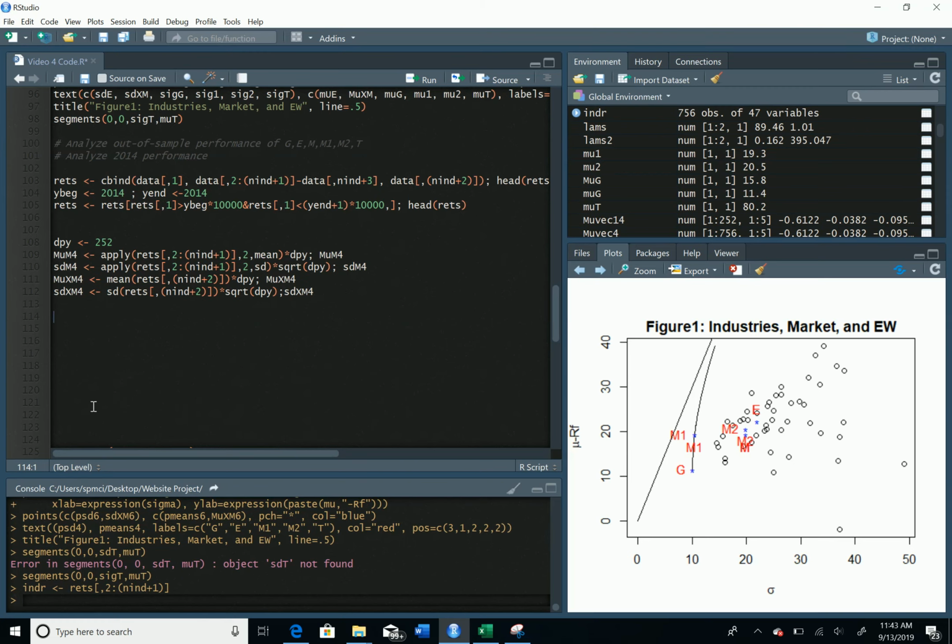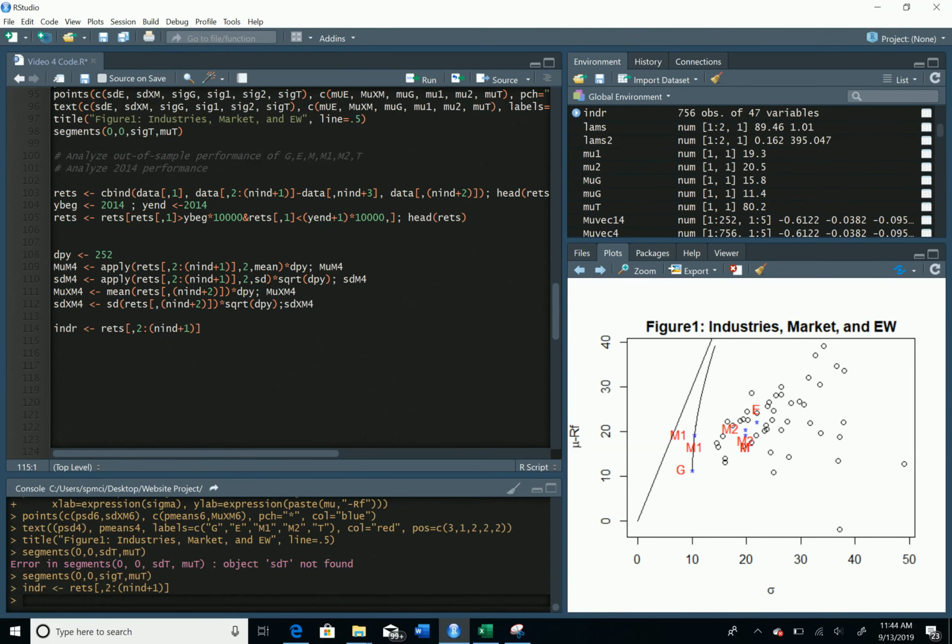Therefore, analyzing the performance is relatively easy because we're just multiplying the weights by the annualized mean and standard deviations of the portfolio. So we'll start by assigning a variable industry returns, and we just want to isolate the returns of the 47 industries. Again, subsetting from column 2 to the number of industries plus 1. Next, we want to combine the optimal weights into one vector.